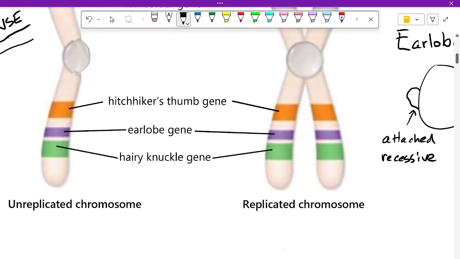There's also a hairy knuckle gene. To look at whether you have hairy knuckles or not, it doesn't mean this one, not your first joint, but the second joint. If there's hair there, you have hairy knuckles.